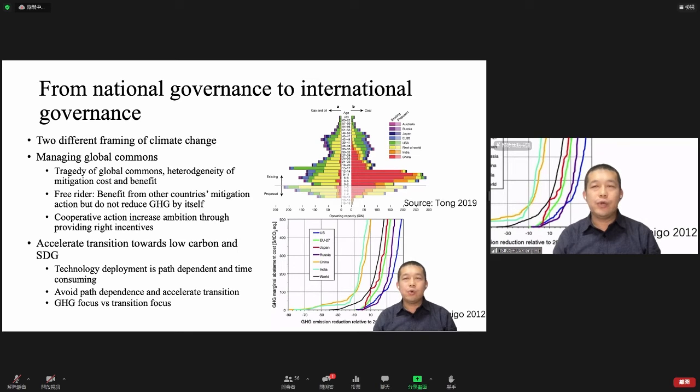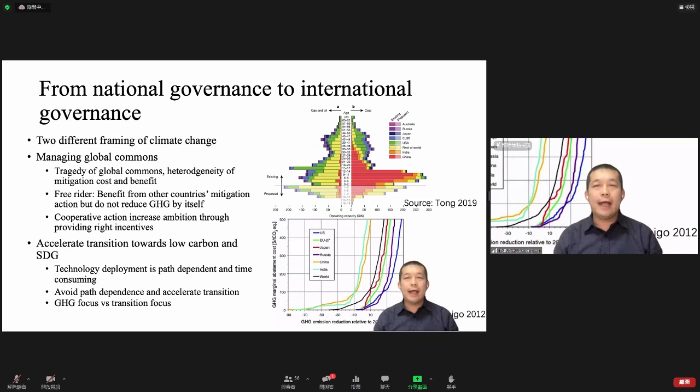But the international regime is also important, and the framing of climate change is very important, especially when we consider the interaction between national climate governance and international climate governance. There are two important framings for climate change at this moment.